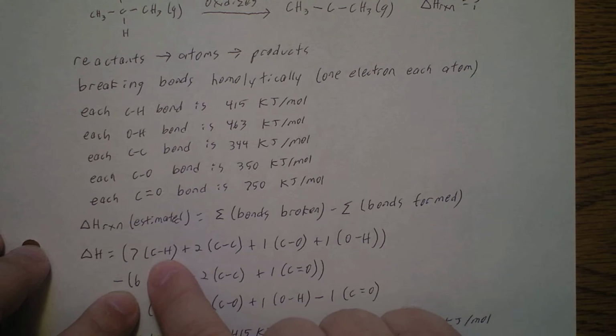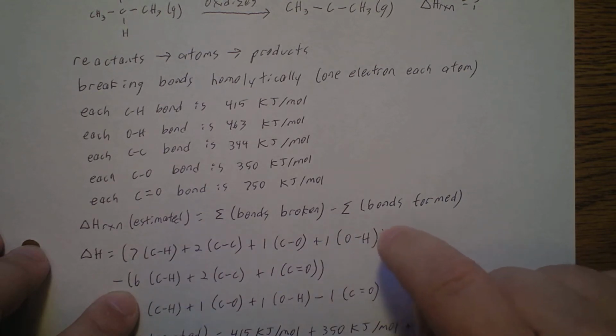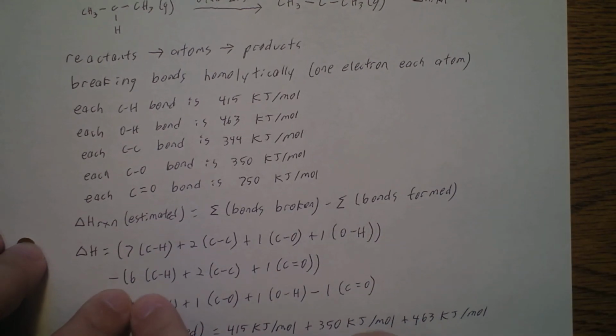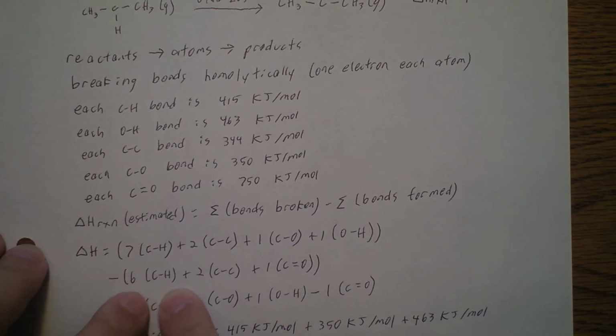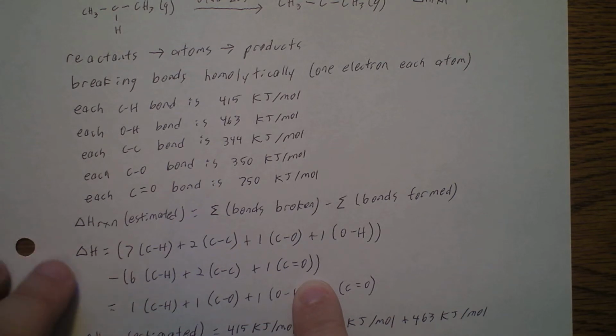Well, that's weird. We're still going initial minus final. Whoops. Anyway, minus 6 single carbon-hydrogen bonds, 2 carbon-carbon bonds, and plus 1 carbon-oxygen double bond.